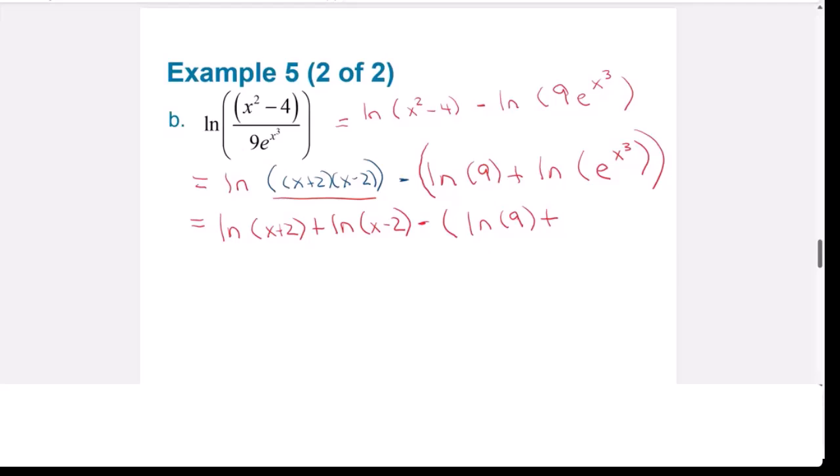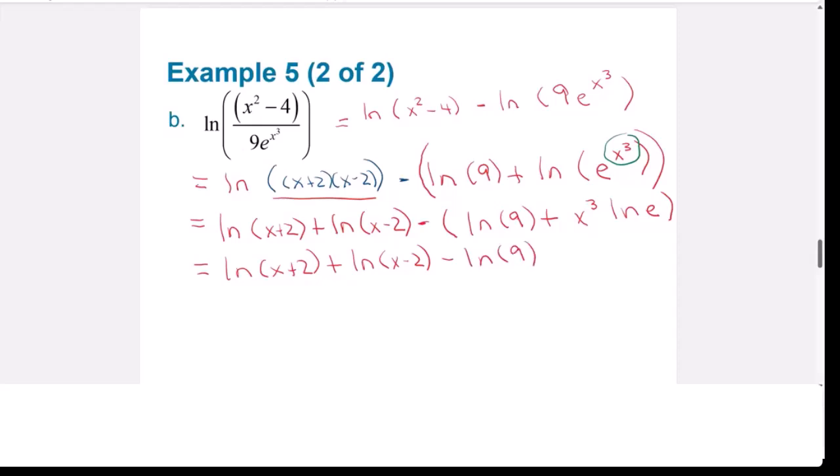Even though this is x cubed, it's still my exponent on e, so I can bring it to the front and I can make this x cubed ln of e. That equals ln of x plus 2 plus ln of x minus 2. I'm going to distribute here. I get minus ln of 9.